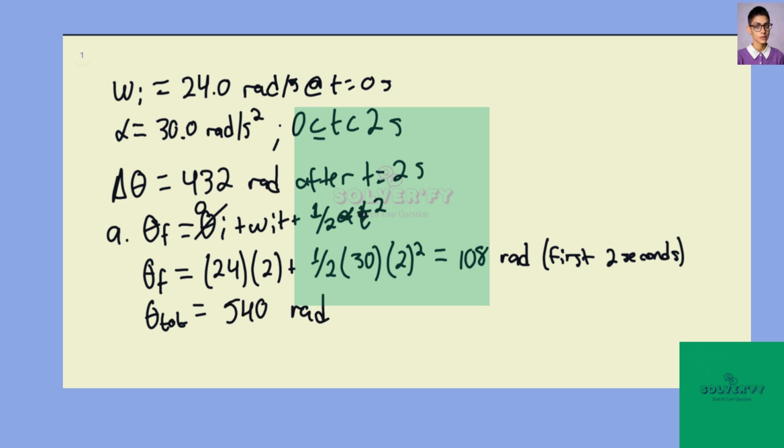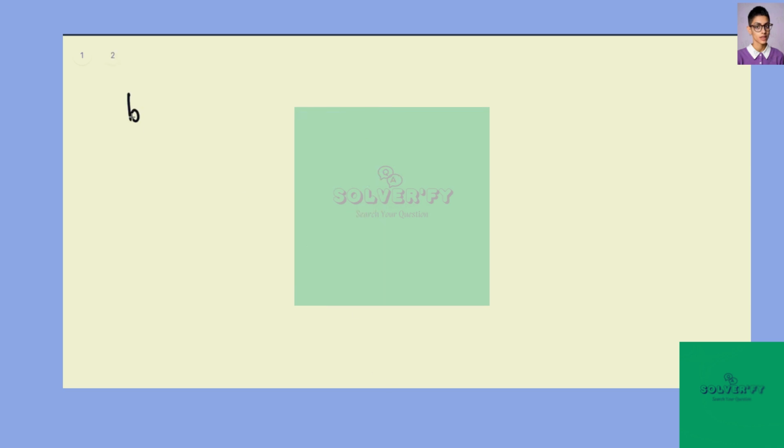And then we need to find how long it takes. So let's get a new workbook. We'll start off by using this equation. We don't know how long it takes, but we should try to find the angular acceleration after 2 seconds. So we can say omega final squared equals omega initial squared plus 2 alpha delta theta.